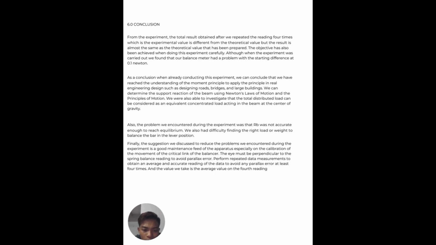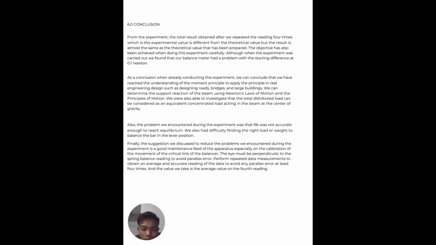Also, the problem we encountered during the experiment was that RB was not accurate enough to reach equilibrium. We also had difficulty finding the right load weight to balance the bar in the level position. Finally, the suggestions we discussed to reduce the problems encountered are good maintenance of the apparatus, especially the calibration of the movement of the critical link of the balance.